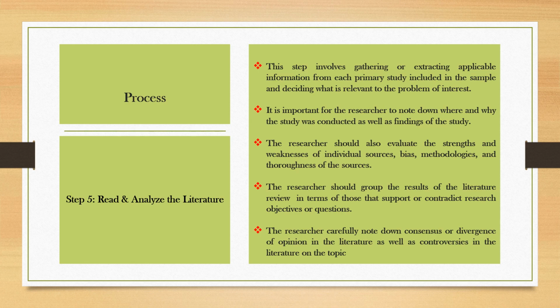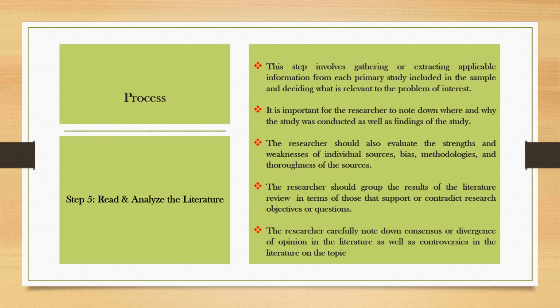The researcher should group the results of the literature review in terms of those that support or contradict research objectives or questions. The researcher should carefully note down consensus or divergence of opinion in the literature, as well as controversies in the literature on the topic.